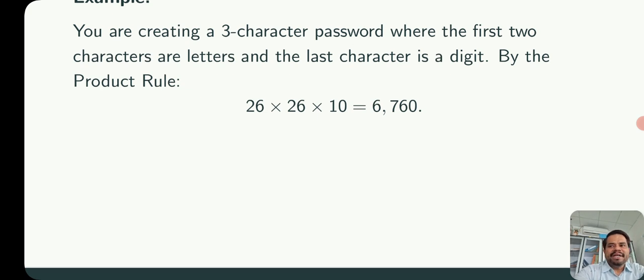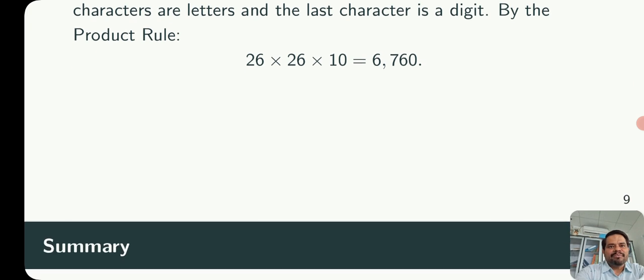How many total combinations of courses and topics can the student select? Selecting a course and selecting a project topic are independent tasks. So by the product rule, the total number of combinations is 3 into 4, which is equal to 12 ways. So the student has 12 different course and topic combinations.